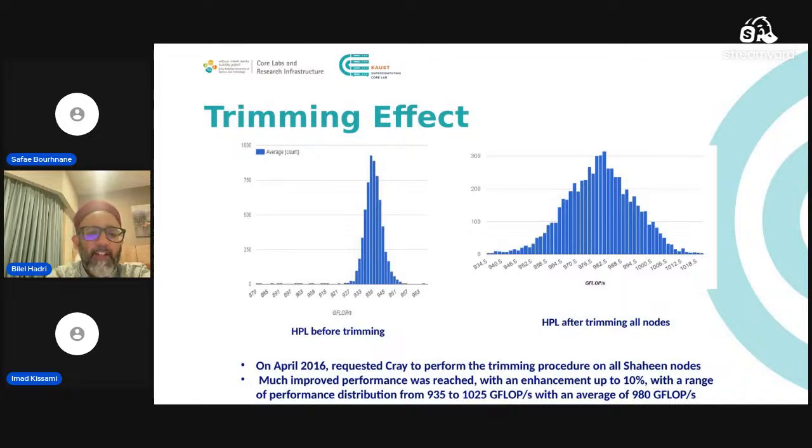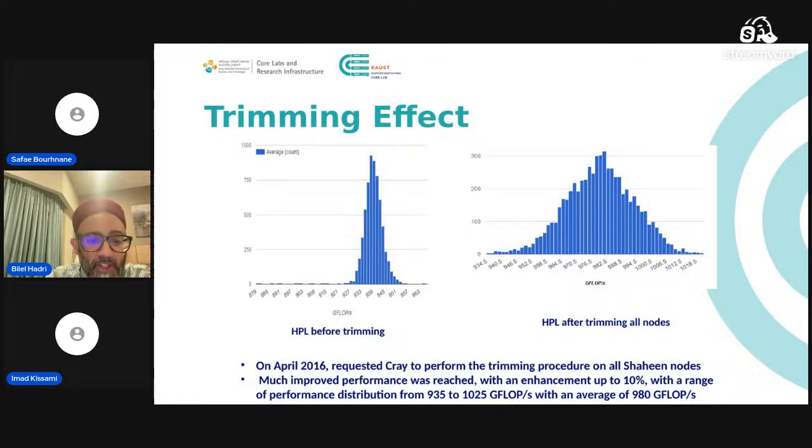Also, I give you another example, this is the HPL. We show the performance per node. We had at that time on Shaheen 2 6,174 nodes, and you can see the nodes are performing quite reasonably, in general from 928 gigaflops up to some thousand.